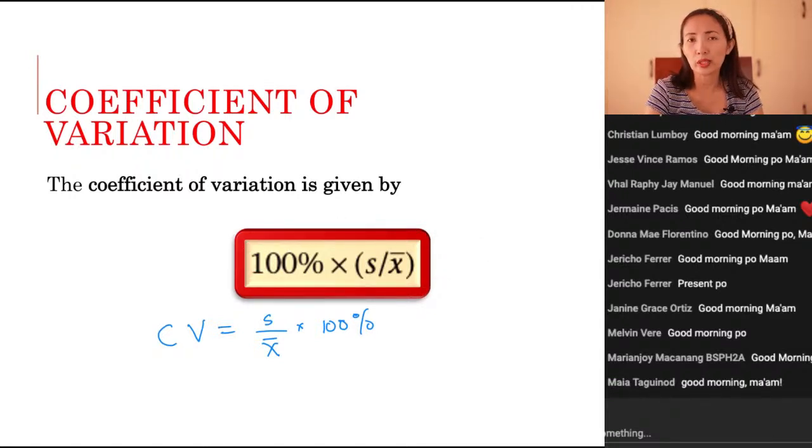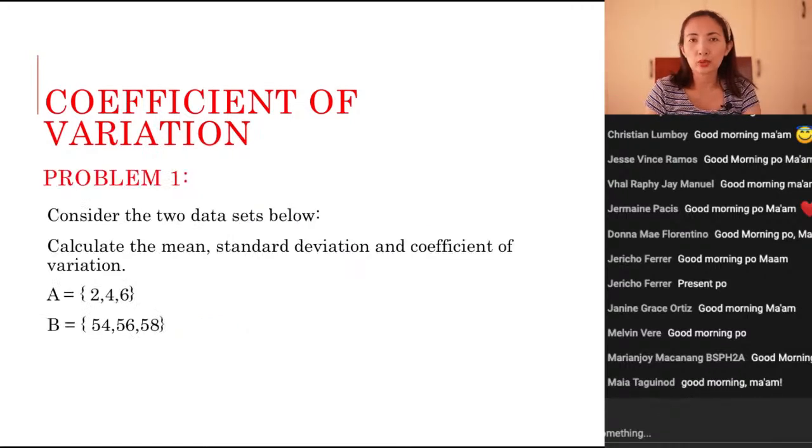Now, how important is the coefficient of variation? What is its significance? How different is it from your variance and from your standard deviation? To illustrate its importance, let's consider two data sets.